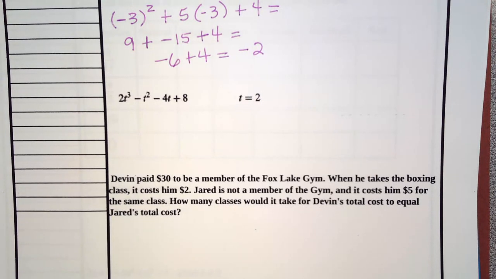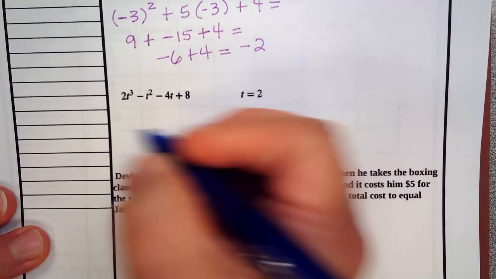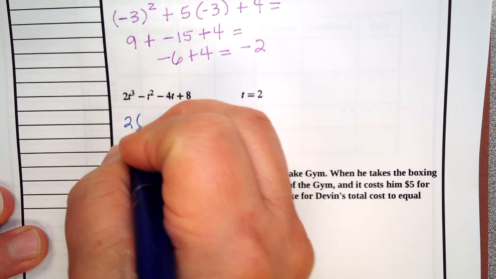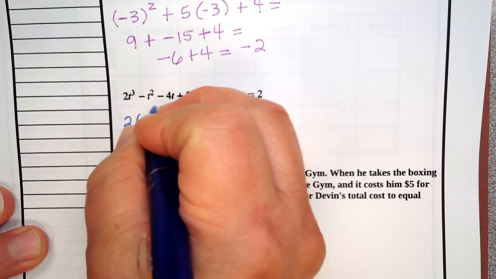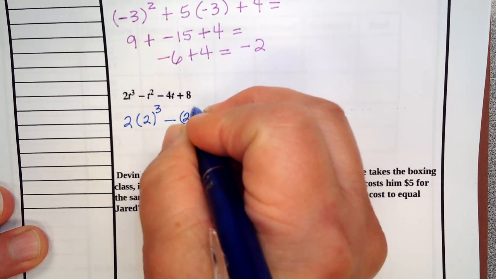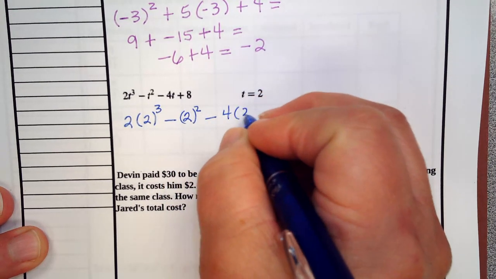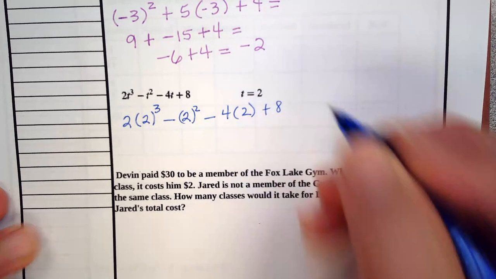Well, hopefully you tried it on your own. This time I'm substituting 2 in for 10. So this is 2 times 2 raised to the third power, minus 2 to the second power, minus 4 times 2, plus 8.